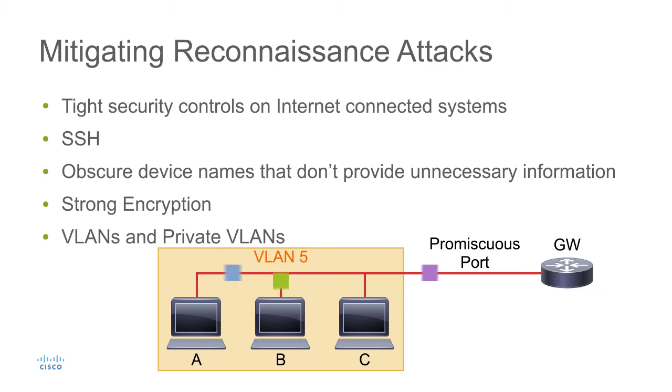So user A, who's part of VLAN 5 but on the isolated port, couldn't run an Nmap scan against host B, who's also in VLAN 5. So private VLANs or switch port protected configured ports can all help us in mitigating recon attacks.